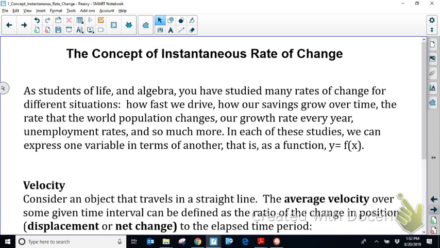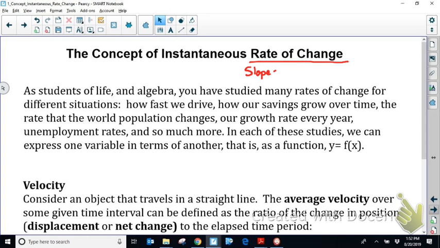Now here, the vocabulary, rate of change, is really not new vocabulary. Rate of change is where you compare two different quantities of things in a ratio. The first thing that algebra students get introduced to as a rate of change is typically called the slope.